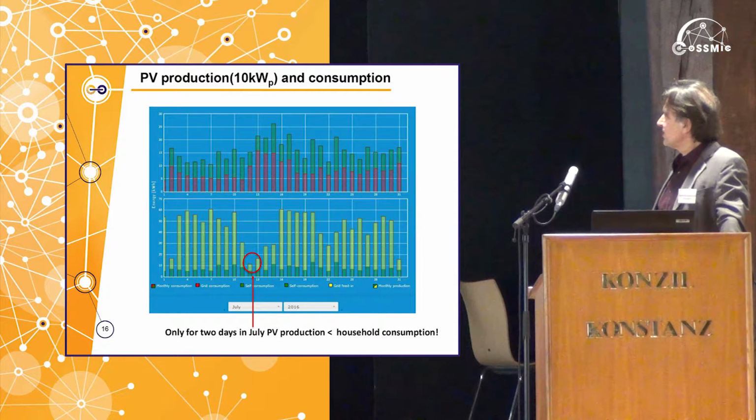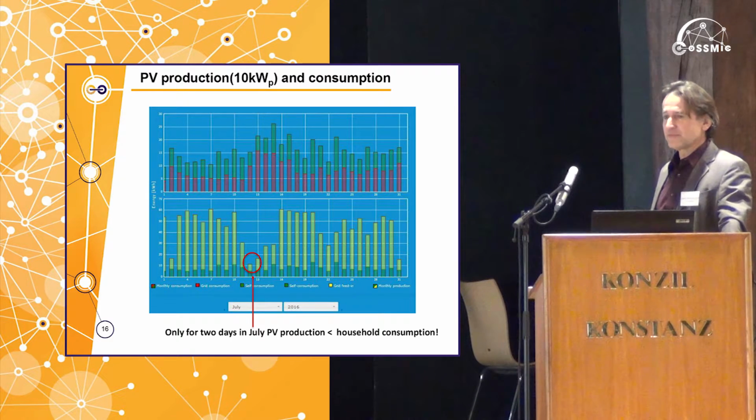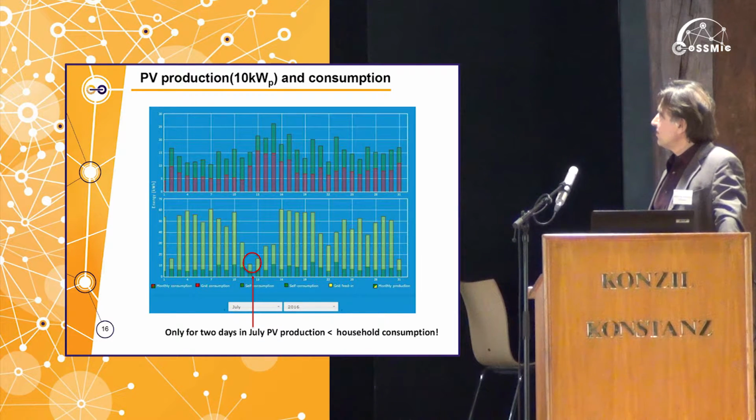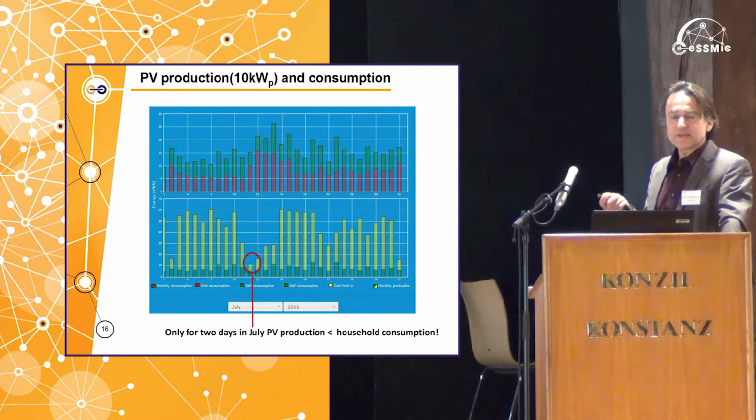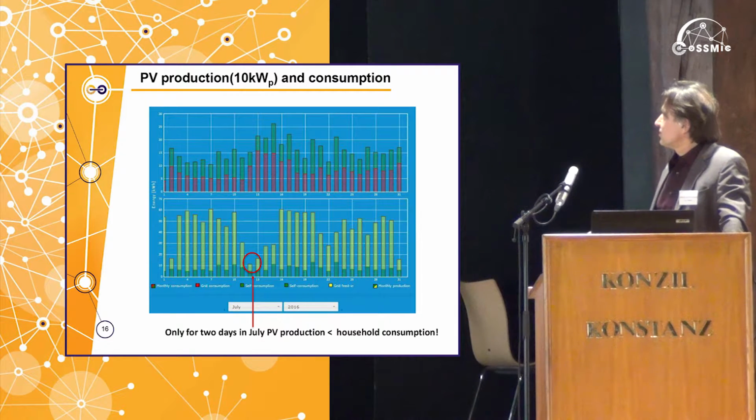The bottom figure shows the production, and the top figure the consumption. And green means what is produced, the dark green is produced and self-consumed. It's always the same value, down and up. And the red one is what is produced but goes out to the grid. That's the overall consumption and the overall production.